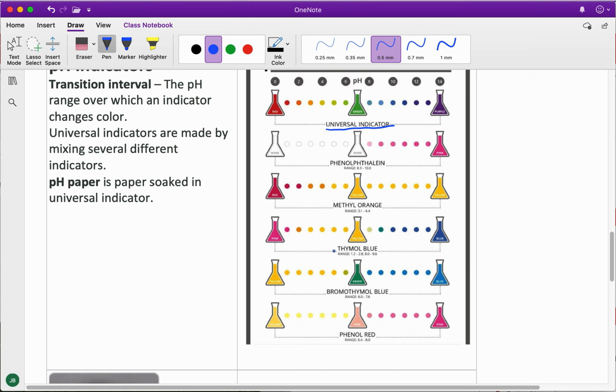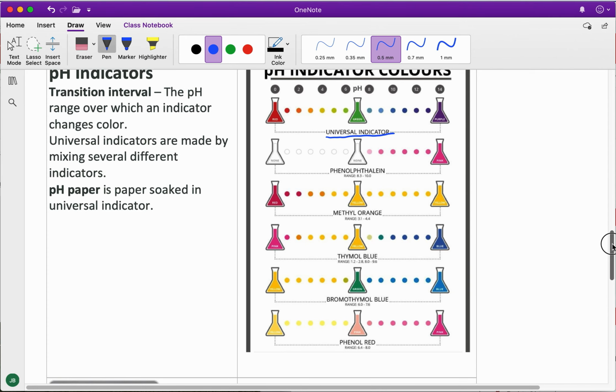Okay, so besides methyl orange, there's even methyl red, bromothymol blue, phenol red. So there's a lot of different ones. This graphic that I have here for you doesn't even begin to cover every single type of indicator that's out there. This is just a few of them.